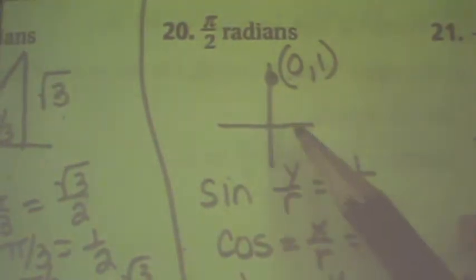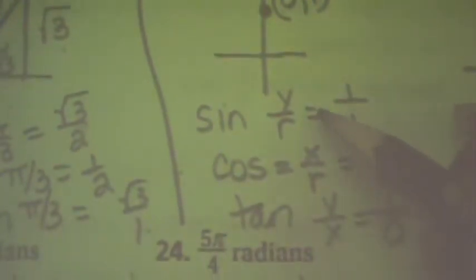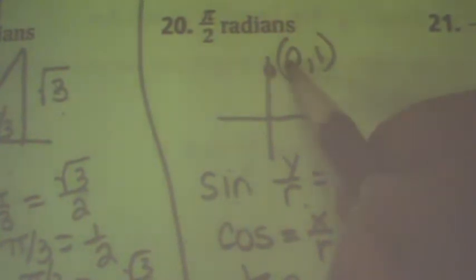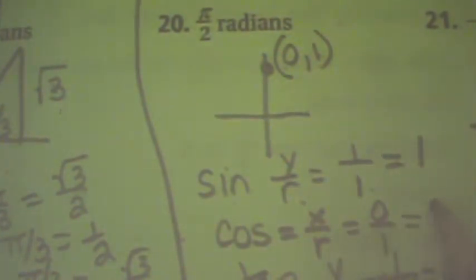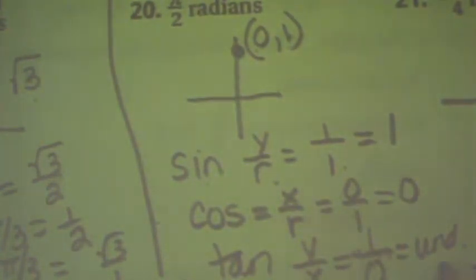Now, if it is not an angle within the quadrants, if it's on an axis, you need to jump to these ratios. Sine, think of y over r. Y value is 1, 1 over 1 is 1. The cosine is x over r, 0 over 1 is 0. And tangent is y over x, so that's undefined.